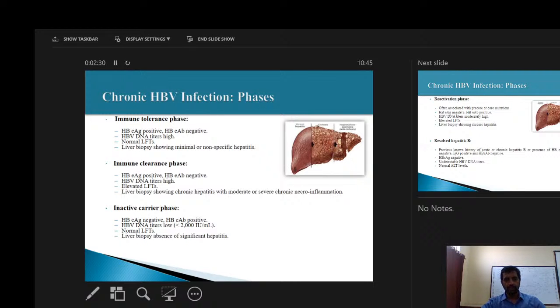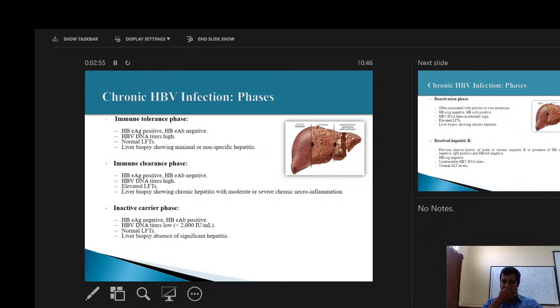As we spoke last week, there are 5 different phases for chronic hepatitis B. Now, in every patient, we may not see all these 5 phases. We may see 4 phases or 3 phases, depending upon the immune status of the patient. They may progress in this order, or they may skip some steps directly.